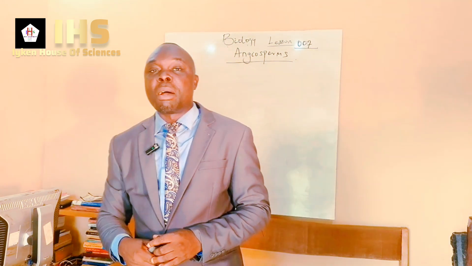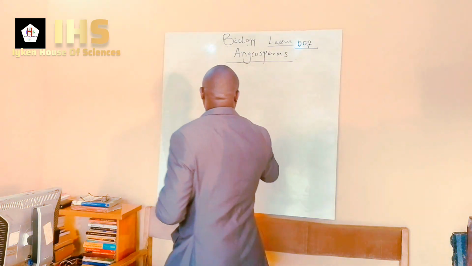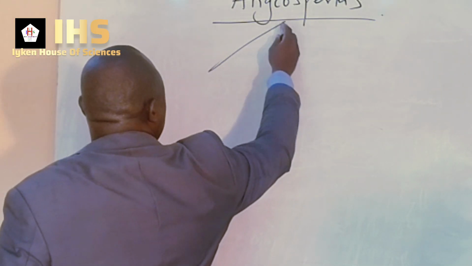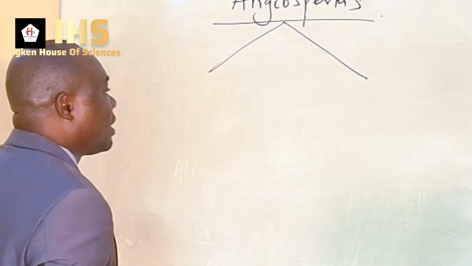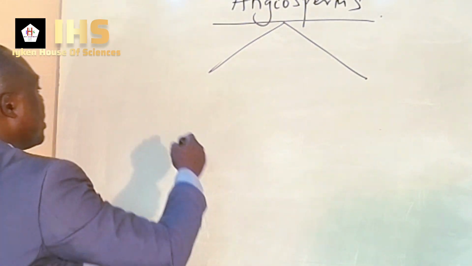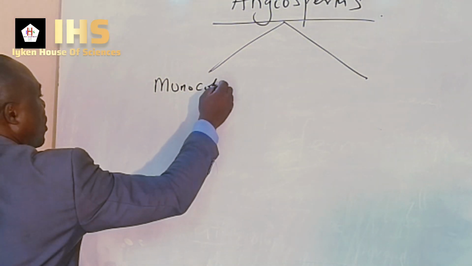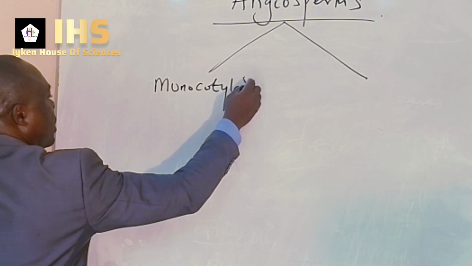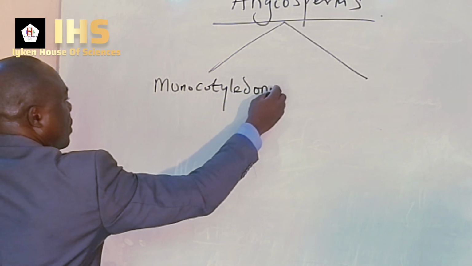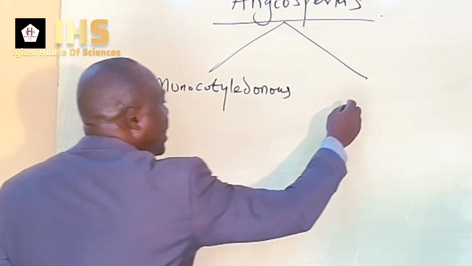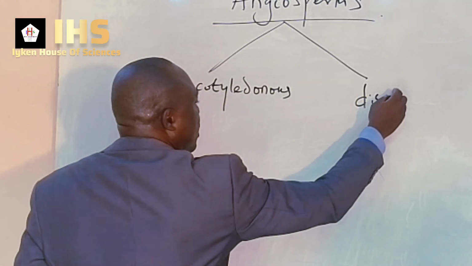The angiosperms are generally divided into the monocots, monocotyledonous, and dicotyledonous.